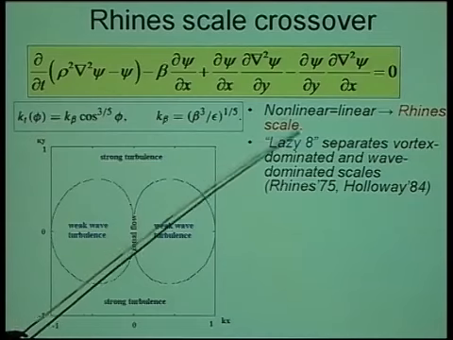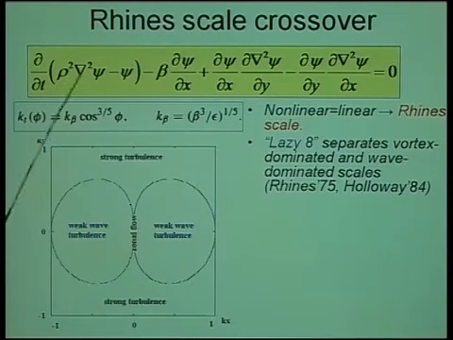That's called the Rhines scale. It is estimated like this: suppose you have an inverse cascade of energy, the so-called Kraichnan cascade. Based on it, you estimate the characteristic time scale in the problem, and then you compare this time scale with the time scale arising from the linear term. The balance will give you this characteristic wave number.